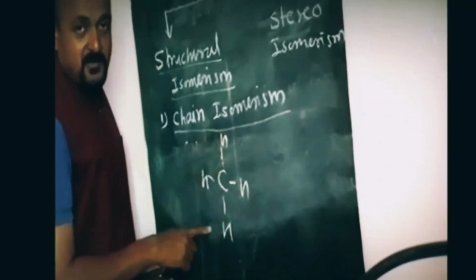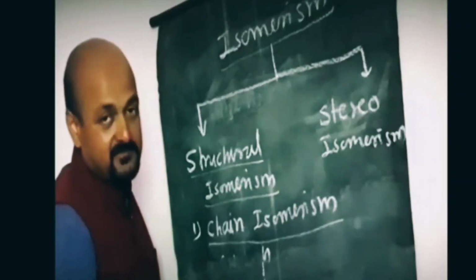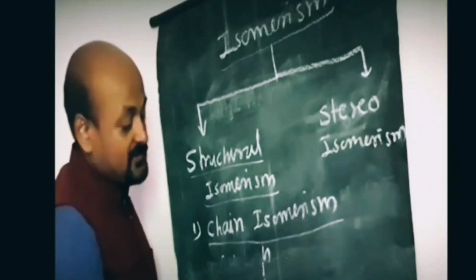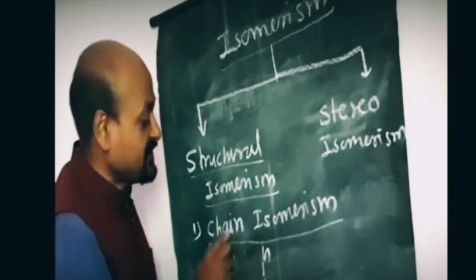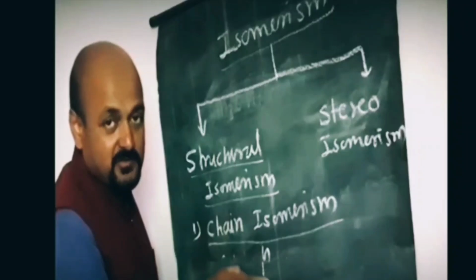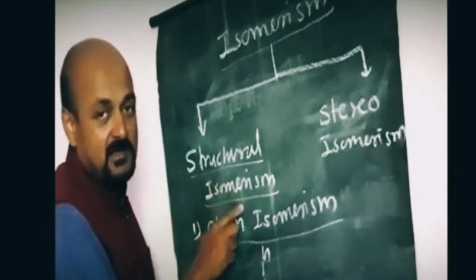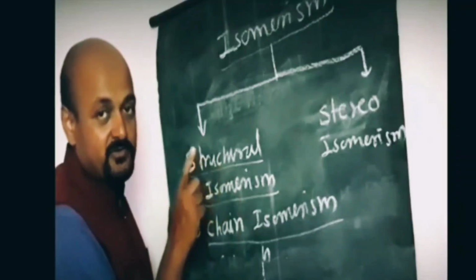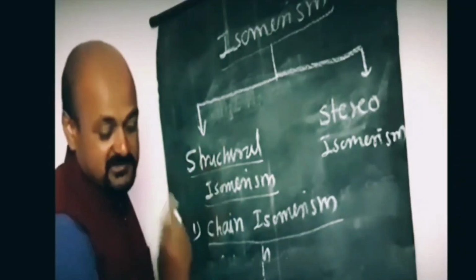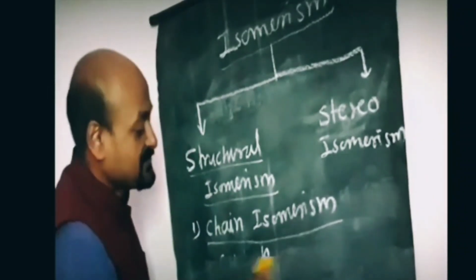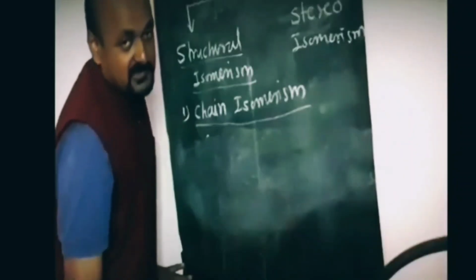This is the structural formula. Okay, so in this way this is structural formula. So in chain isomers, there are two isomers having different structural formula. That's why these are known as structural isomers. And this phenomena, as I told you, is known as structural isomerism. So this is first type, that is chain isomerism.